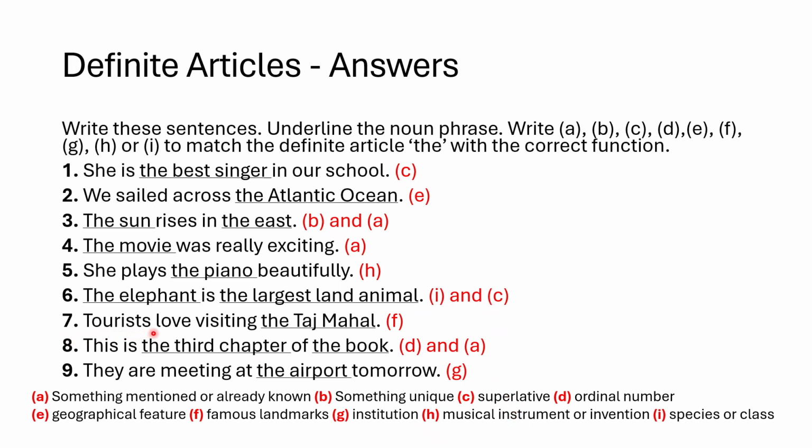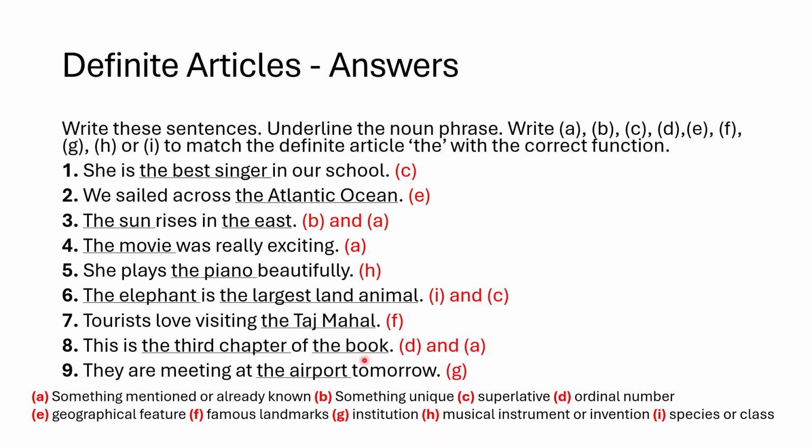7. Tourists love visiting the Taj Mahal. The is showing a famous landmark. 8. This is the third chapter of the book. You should have underlined the third chapter and the book. In the third chapter, the is showing an ordinal number.